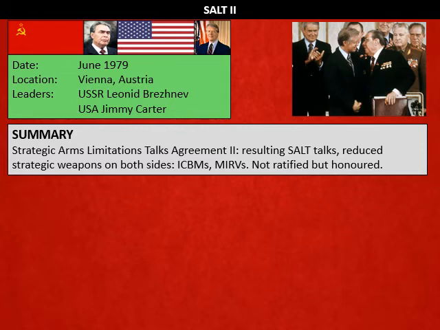But this treaty coincided with the end of Détente just months later. Relations were worsening. So SALT II was not ratified. So it wasn't formally signed off by either government. But it still matters because both sides agreed to honour the terms that they had agreed.